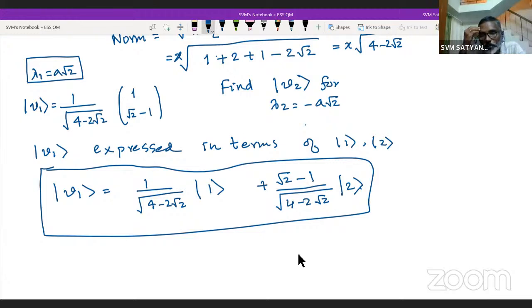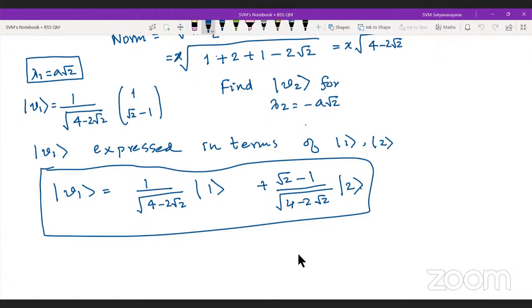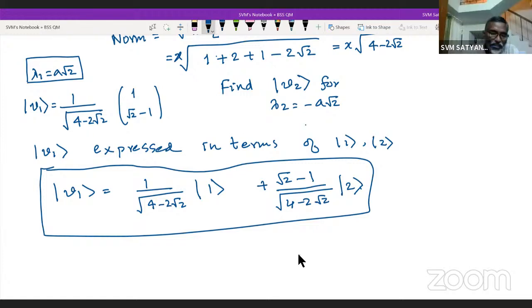Then the measurement results are eigenvalues and post-measurement states are eigenstates. After measurement, the state changes, right? That will be the corresponding eigenstate, whichever eigenvalue you obtained as a measurement.